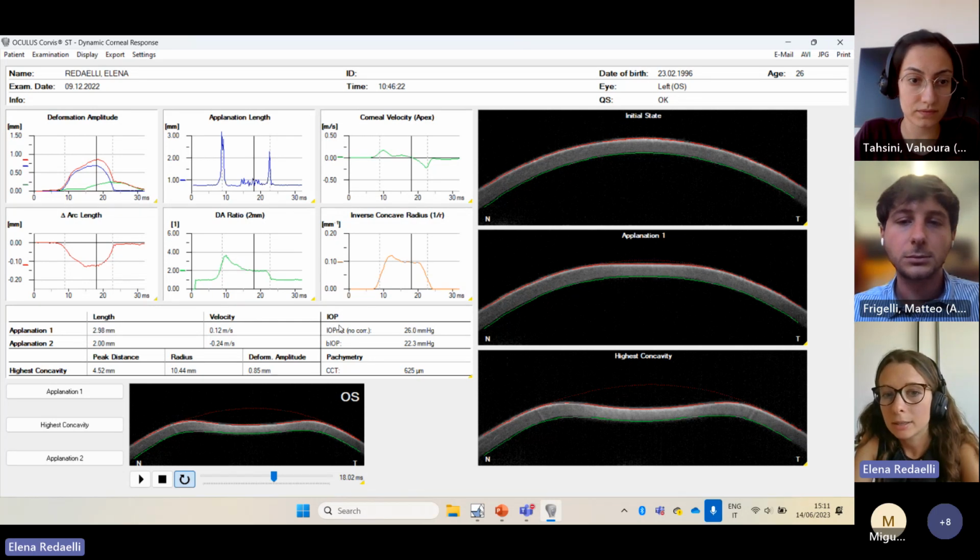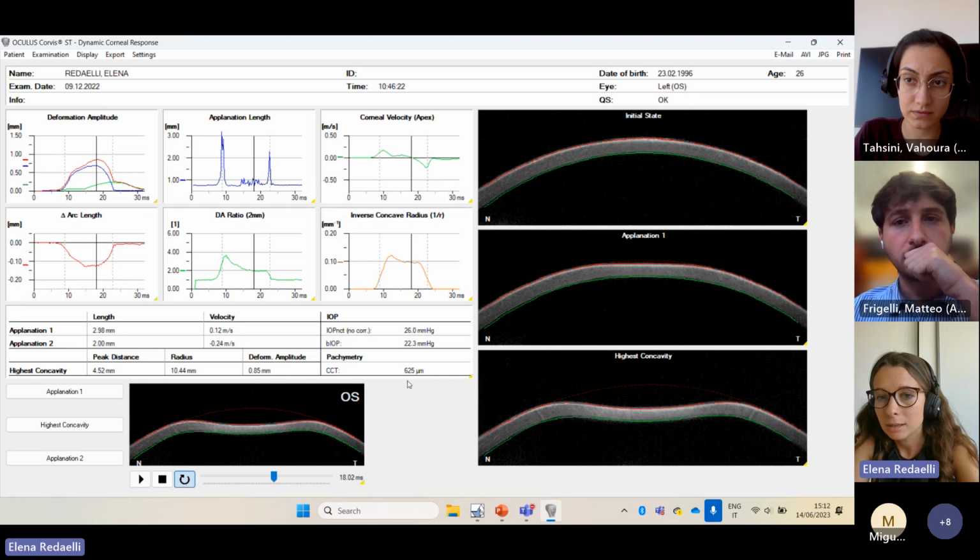And you can see that this pressure, that is IOP, non-contact tonometry, not corrected, in my eye was 26 millimeters of mercury. That is very high. But then I saw that my central corneal thickness was 625 microns. That is a very thick cornea. So this was to show you that the thickness of the cornea and also the mechanical properties, but here I can't show you my mechanical properties, influences the deformation.